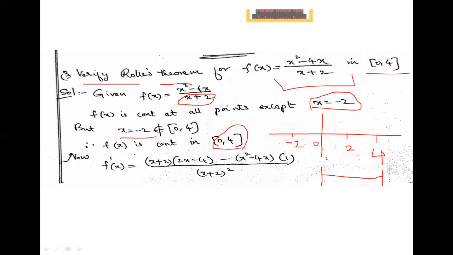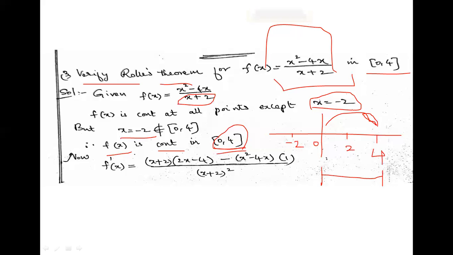But minus 2 doesn't belong to the closed interval 0 comma 4. So f of x is continuous between 0 to 4, right? This function will be continuous.